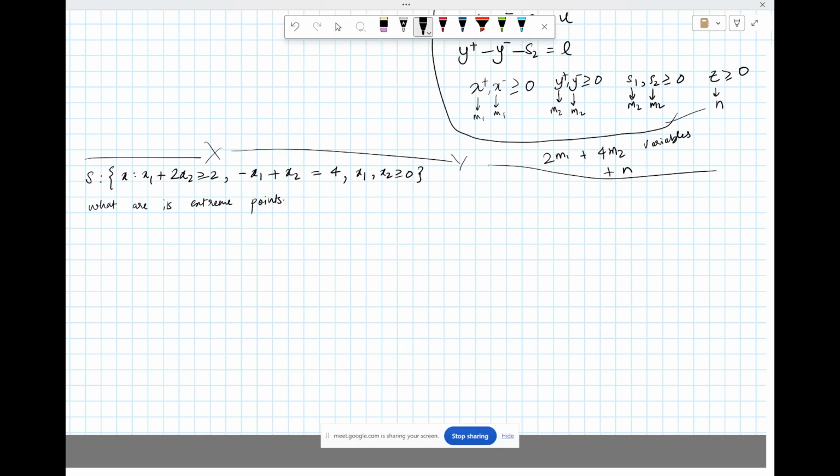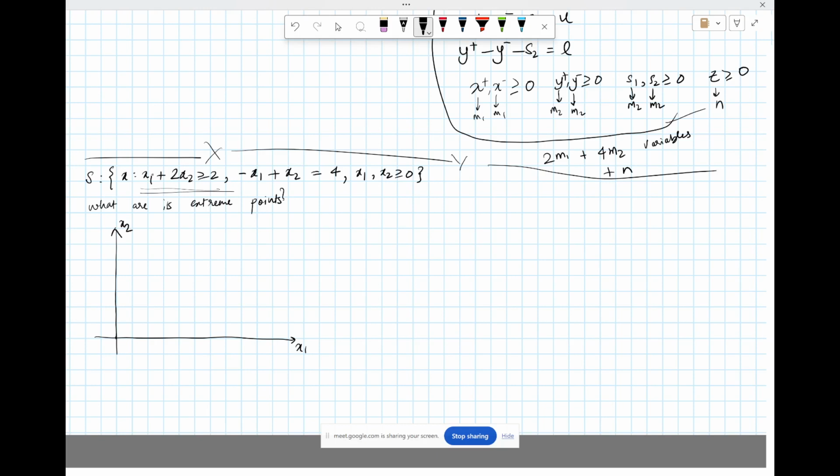So it's two dimensional, so we can simply draw it. So this is say x1, x2, and so x1, x2 are greater than 0, so I only need the positive part of the axis. And how do I draw x1 plus 2x2 greater than or equal to 2? So I need to draw this line.